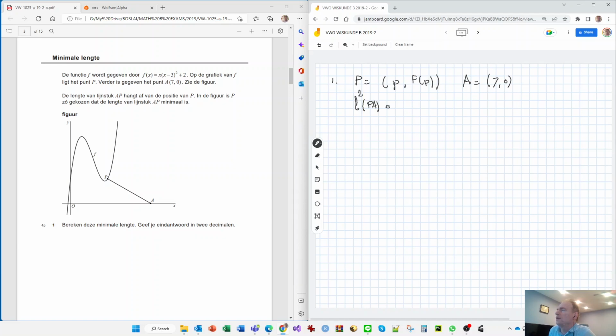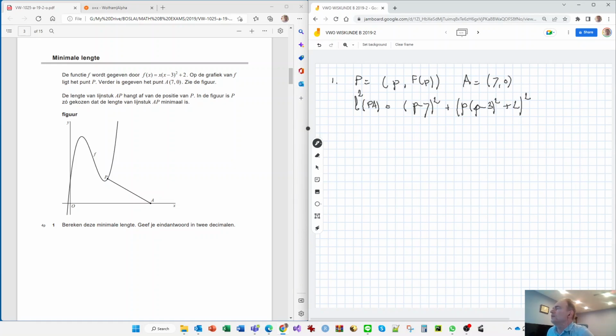So you get, I just take P minus A, so it's (p minus 7) squared, and that whole thing (p minus 3) squared plus 2, but then squared. That's basically P minus A, the length of the vector P minus A, or the length squared.